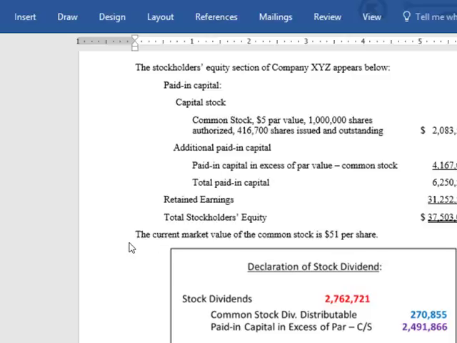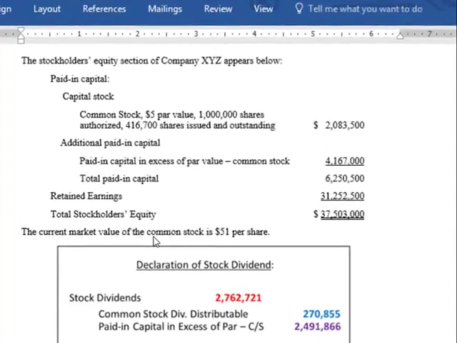So we need to make a journal entry on the date that the stock dividend is declared, and we're going to debit the stock dividends account, and that's to differentiate these stock dividends from cash dividends. We're not paying our stockholders cash dividends, but just giving them new shares of stock.